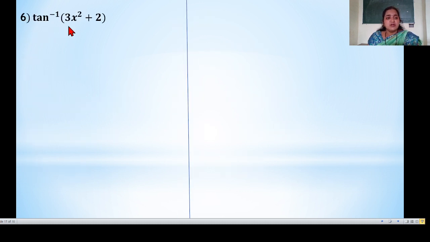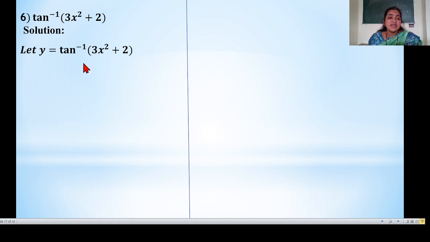tan inverse of the bracket 3x square plus 2. So this is again a composite function. X is replaced here by 3x square plus 2. So differentiate with respect to x. So let's start the solution. Y is equal to tan inverse of 3x square plus 2. So what is the derivative of tan inverse of x? It is 1 upon 1 plus x square.